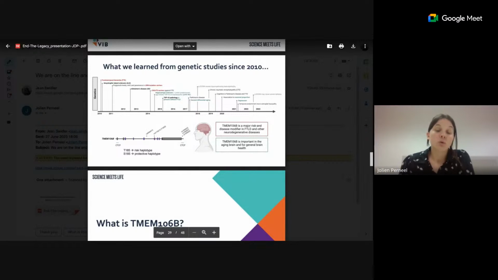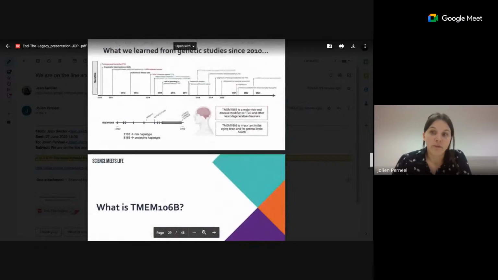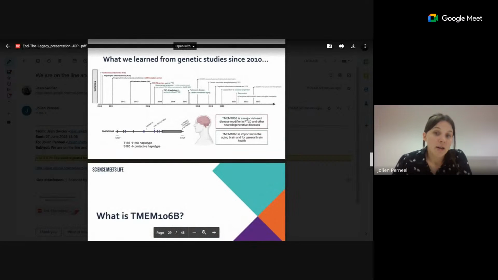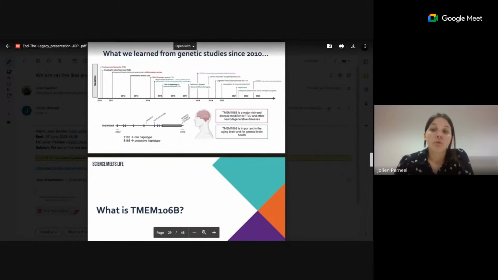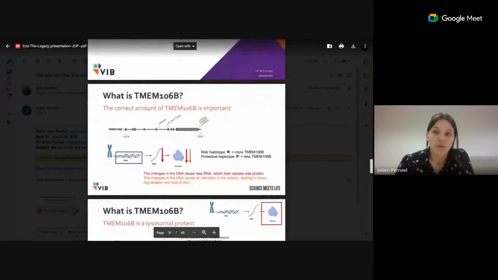And we, for example, also see that it associates with TDP-43 pathology in a person without FTLD. So we conclude that TMEM106B is a major risk and disease modifier in FTD and other diseases, and that it has a very important role in the aging brain. But this is all on a genetic level. So the question arises, what is TMEM106B, what is it doing, and why is it modifying disease risk?